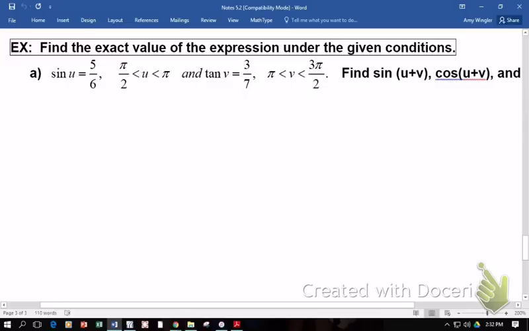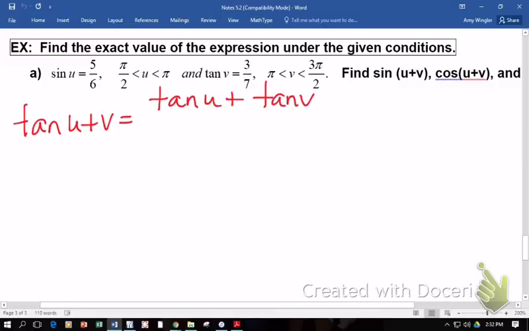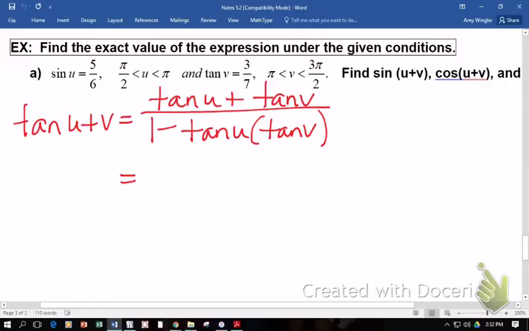Last but not least, we are finding the tangent of U plus V. To find the tangent of U plus V, you're going to take the tangent of U plus the tangent of V, and you're going to divide it by 1 minus the tangent of U times the tangent of V. So let's go to our unit circle, let's go to our triangles, and tangent is opposite over adjacent.